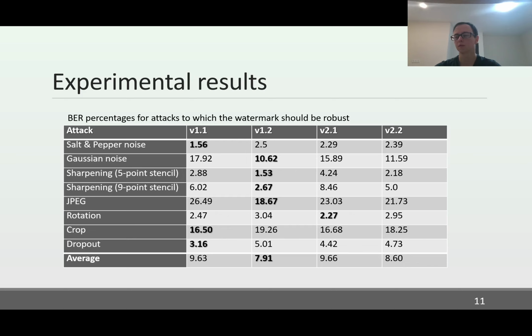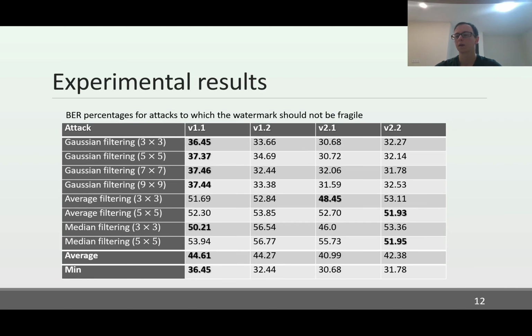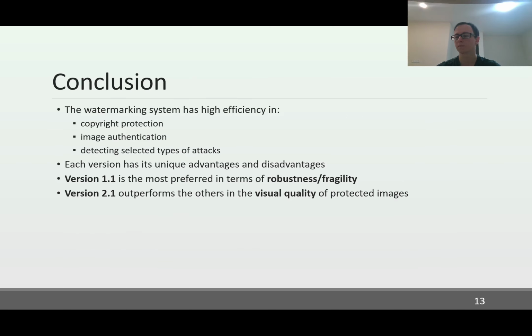However, the versions 1.1 and 2.1 outperform it in some attacks. The version of network 1.1 has the best watermark fragility values, but the versions 2.1 and 2.2 also have advantages.